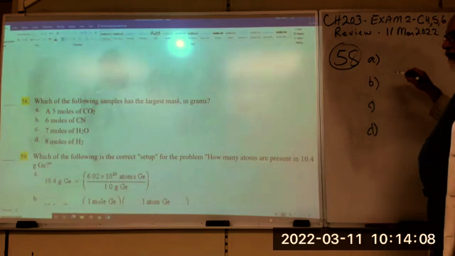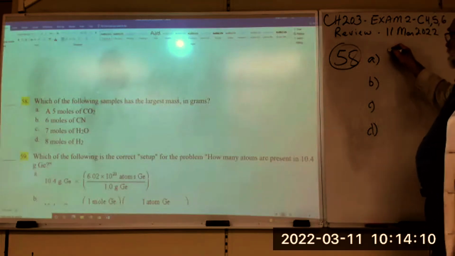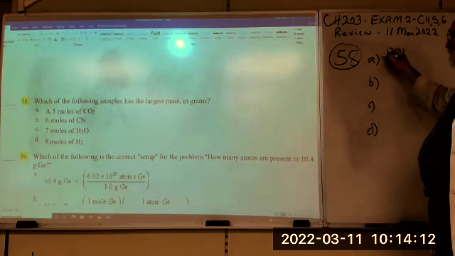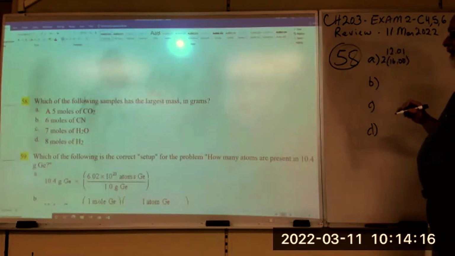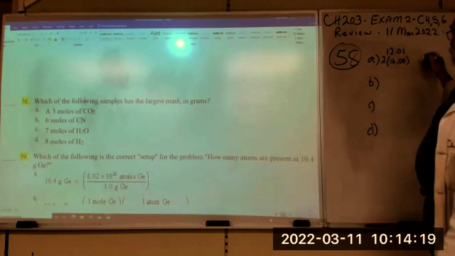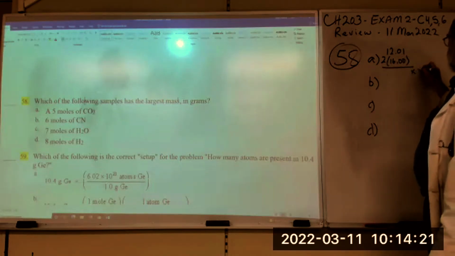Okay, so for carbon dioxide, we've got 12.01 plus 2 times 16. I'll do the calculation in a minute. Oh, times 5. Times 5.